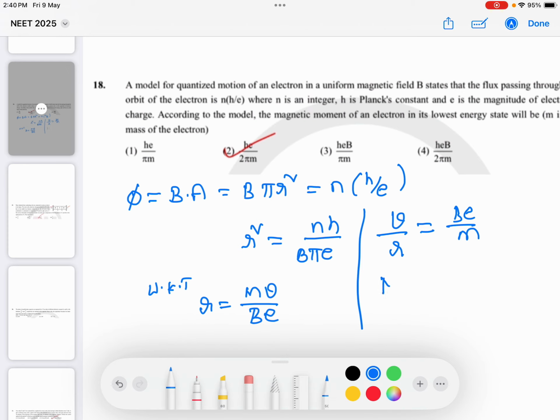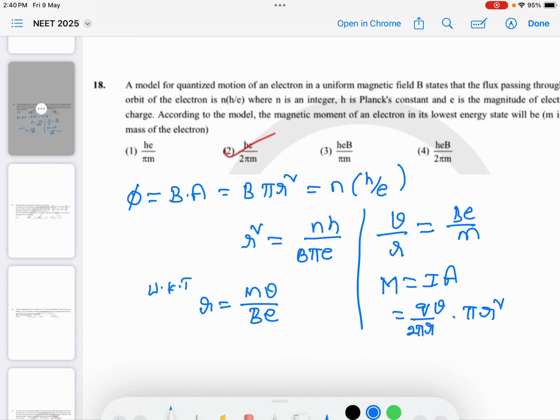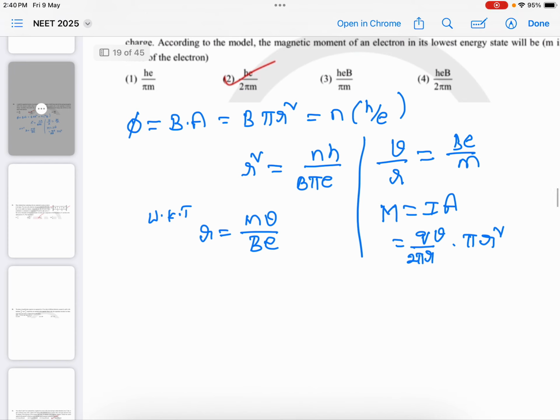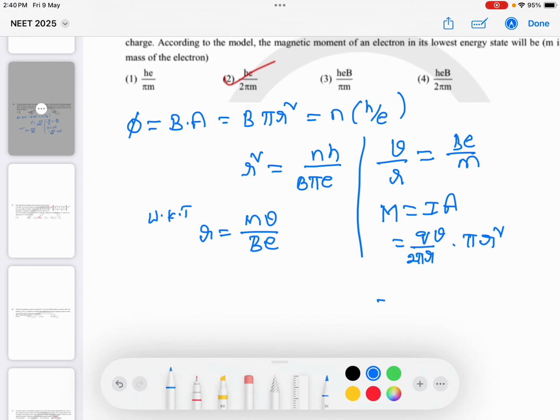What are they asking? The magnetic moment. Magnetic moment value is equal to M is equal to I into A. I can be taken as q divided by T, and T is nothing but distance by velocity, so I is qv by 2 pi r. A is nothing but pi r square. So you can calculate it. Here pi cancels, r cancels.